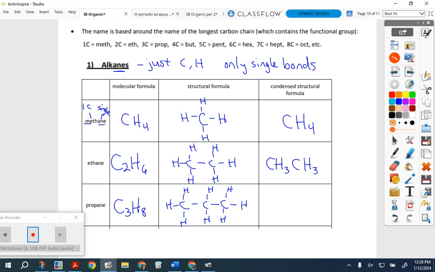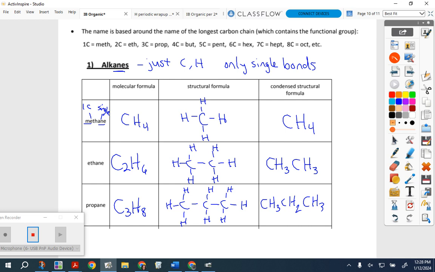And now our condensed structural formula, CH3, CH2, CH3. Notice that the center one only has 2 hydrogens because it's got 2 bonds. It's got a bond to a carbon on each side. So the ones in the middle are only going to be CH2s. Right, exactly.